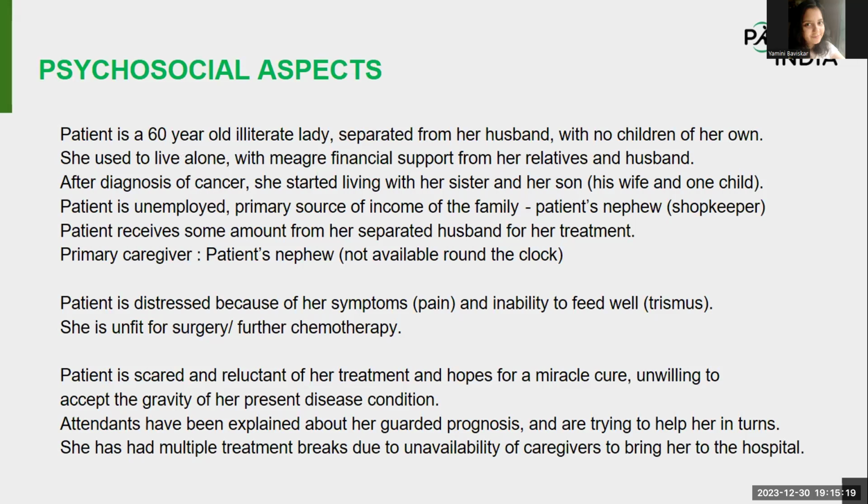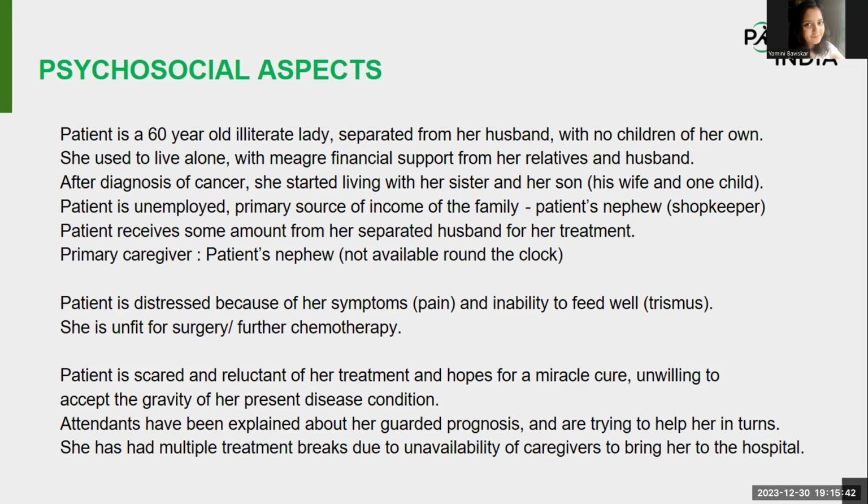Patient receives some amount from her separated husband, but the primary caregiver is patient's nephew, who is not available round the clock because he himself has a job. And the patient is distressed mainly because of her symptoms of pain and trismus. She is scared and reluctant of her treatment, but hopes for a miracle cure, unwilling to accept the gravity of her present disease condition.